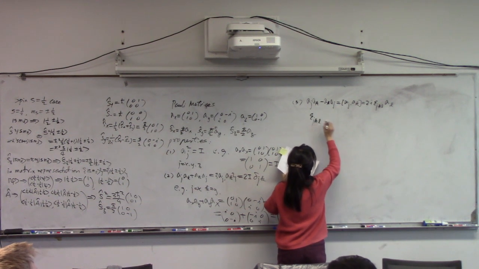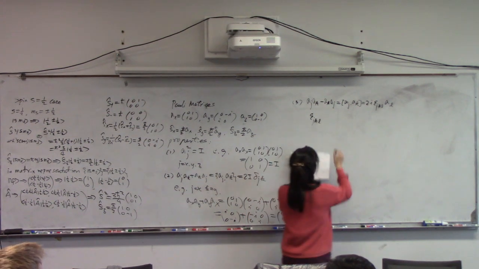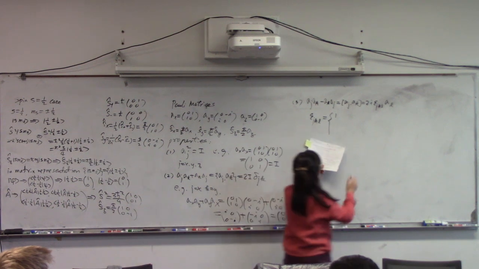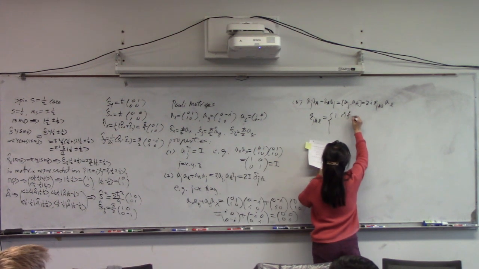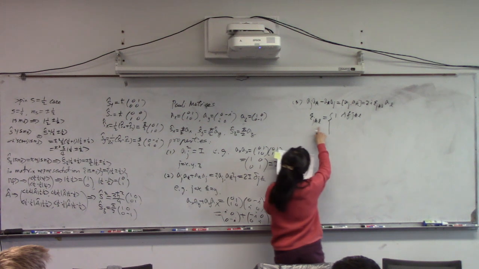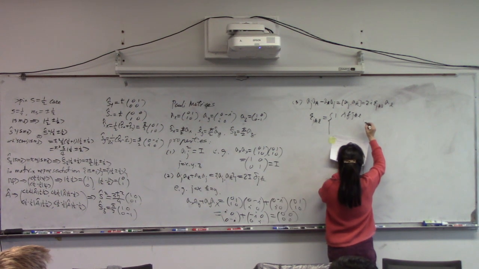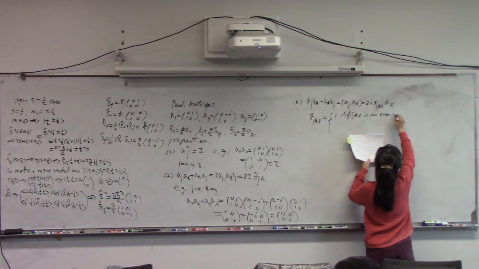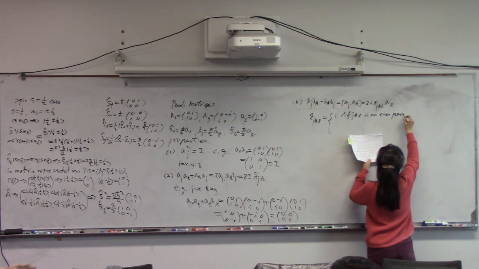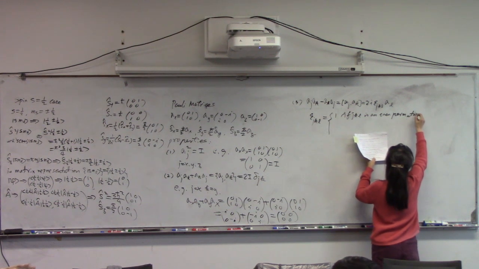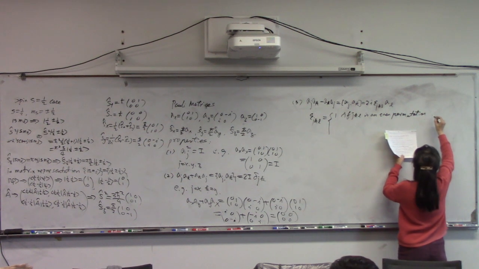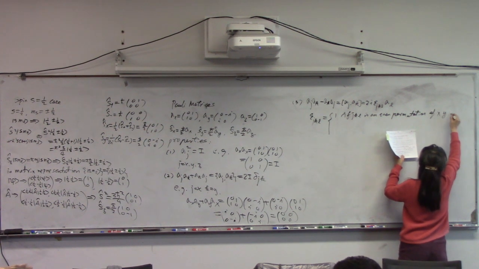last time in class, I didn't explain this. Here, let's say it equals 1 if jkl, right, we follow the order, is an even permutation of x, y, z.